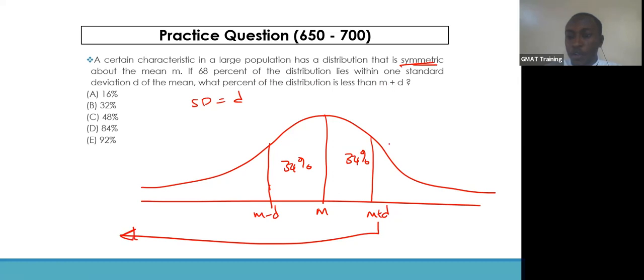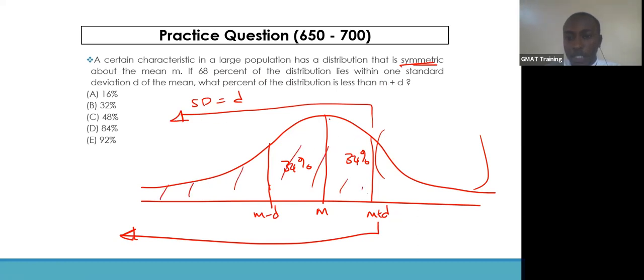We don't need this. We need our values from here all the way downwards, all this part, right? But note that this is symmetric, and therefore, if you divide at the mean, the left-hand side should be 50%, and the right-hand side is 50%. The left-hand side equals the right-hand side, since 34% equals 34% as well.